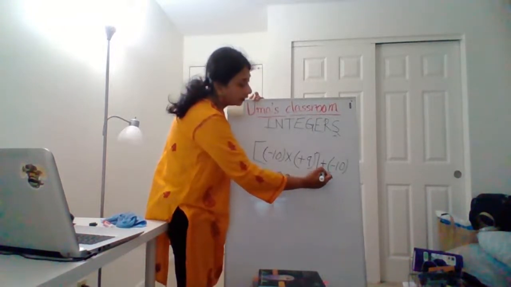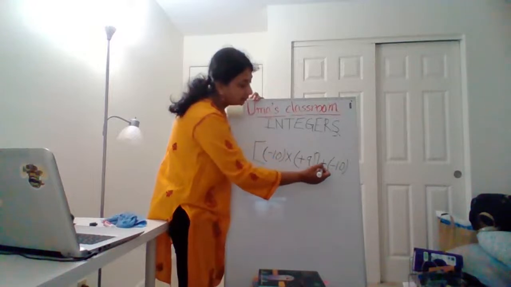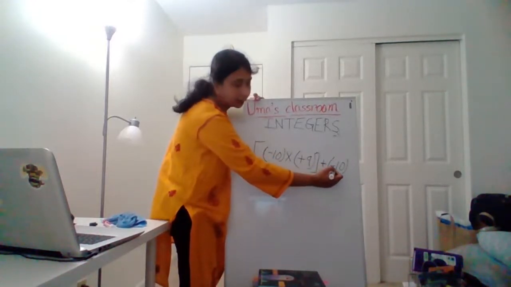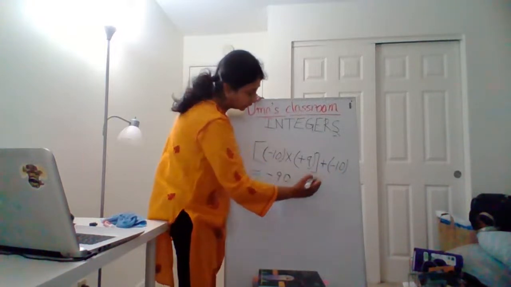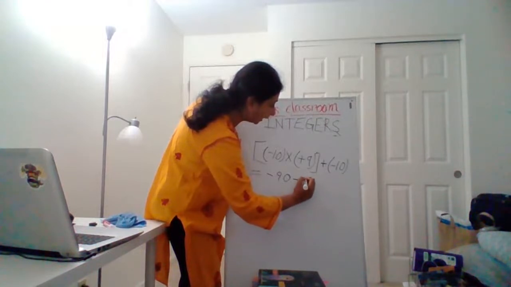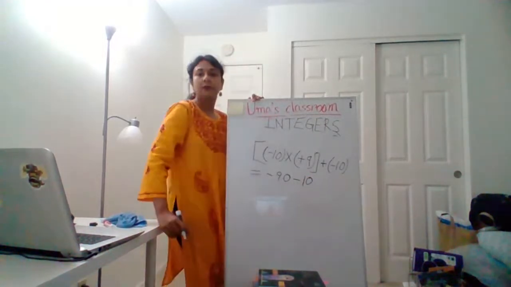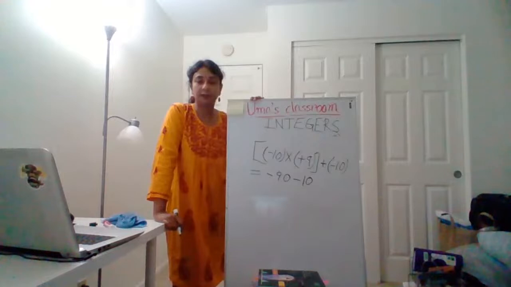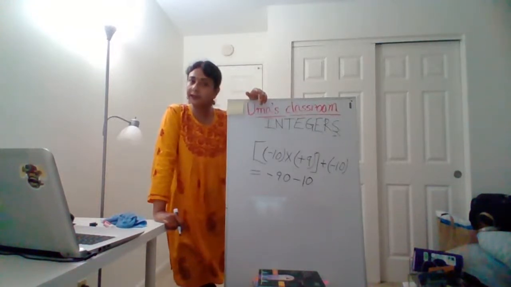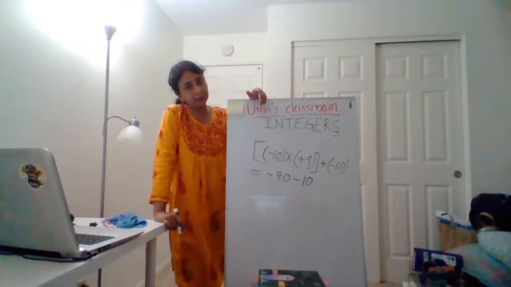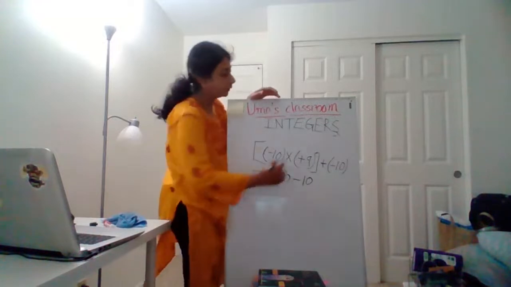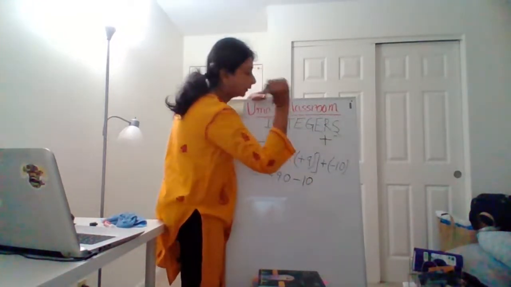And here I have to add negative 10 with this quantity. Here again a positive sign and a negative sign. So definitely this is also going to be negative 10 according to the general rule of integer operations. If you have two same signs, maybe both the signs are positive, both the signs are negative, then you will always have a positive sign back.